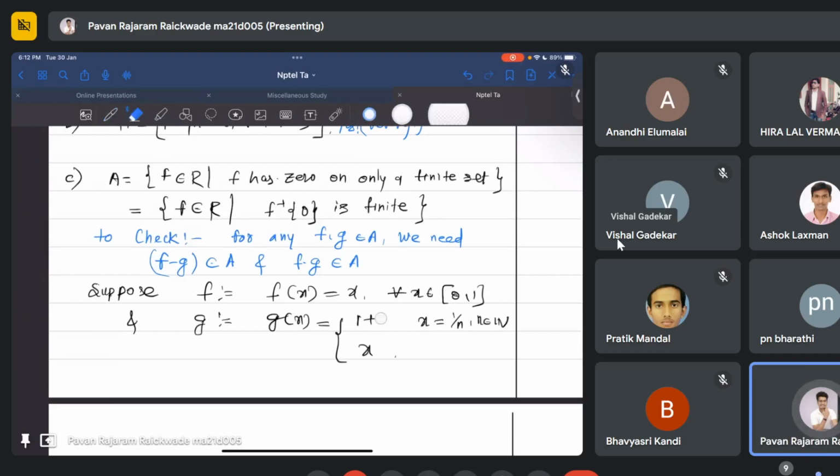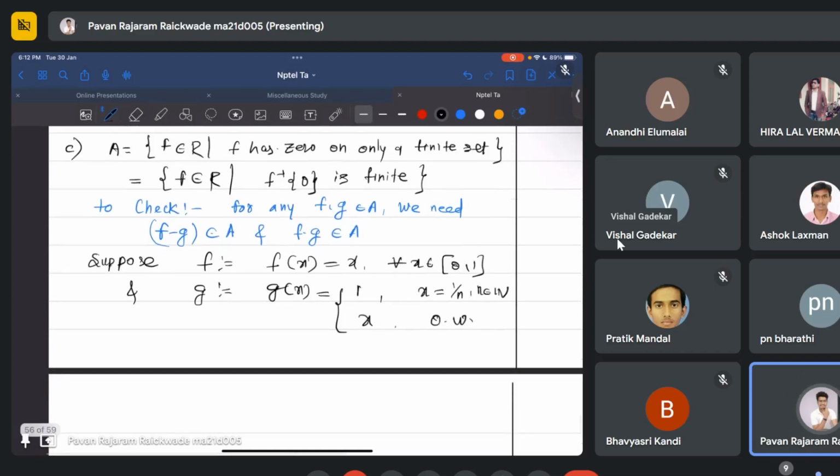We are not talking about continuity or something. So g of x is 1 when x is 1 by n, and otherwise it's x. So what happens for f minus g?